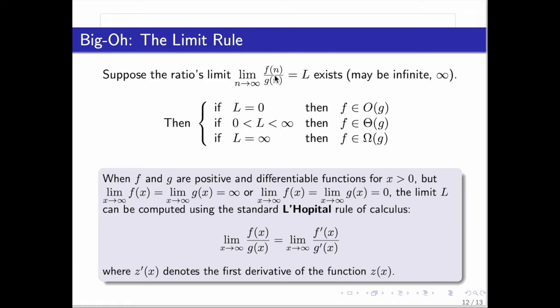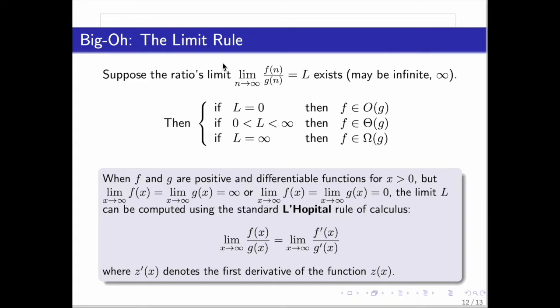Pag infinity naman, then we can establish that f of n is greater than g of n, and so f is in omega of g of n. So that's the two cases, and if it evaluates to a certain L na equivalent to some constant value, then f is in theta of g. So yeah, so that's it for the limit rule.